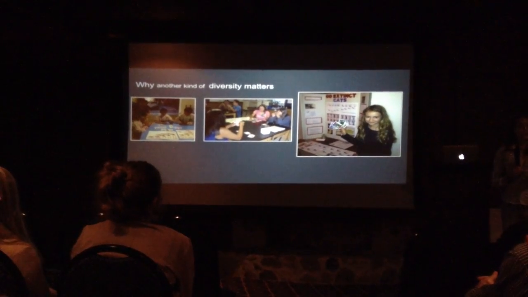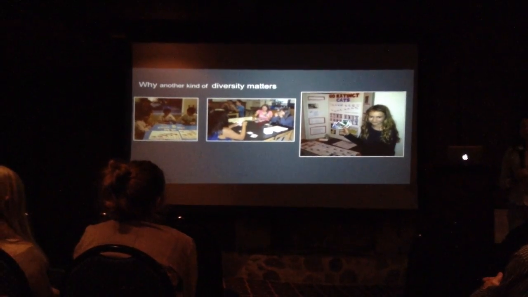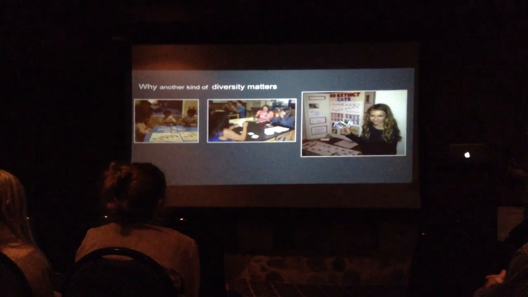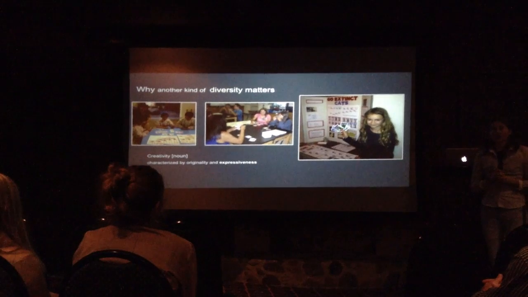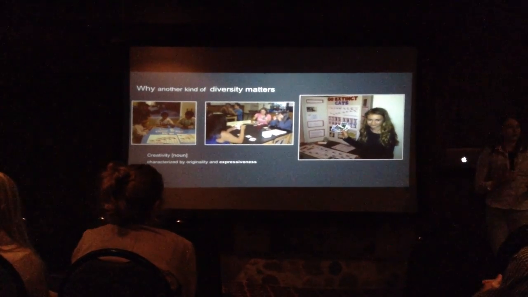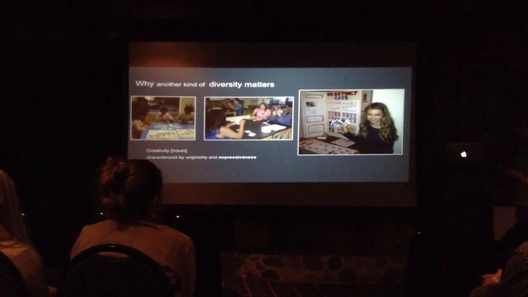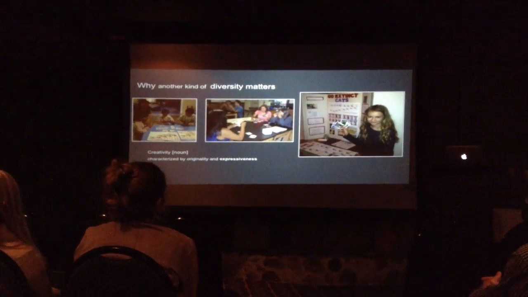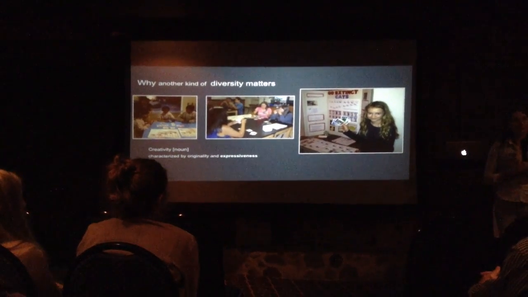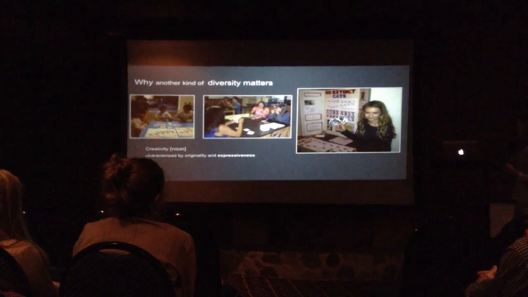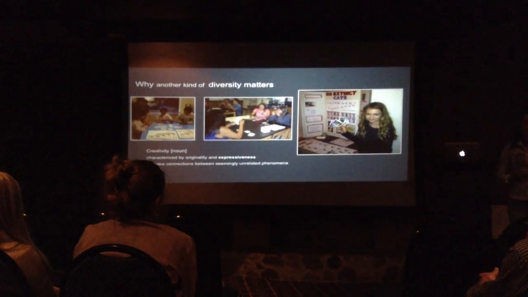Everybody should have the ability to pursue what they are passionate about, and for a lot of us that is science. But from another perspective, creativity is characterized by originality and expressiveness. And where does that expressiveness come from? It comes from all of our unique experiences. And so if we want the best science out there, we want the most diverse body of scientists that we can possibly have, because they're the ones that are going to be making the connections between unrelated phenomena.